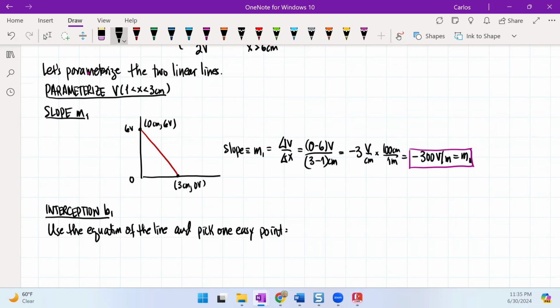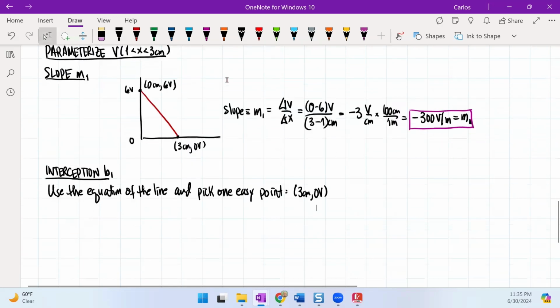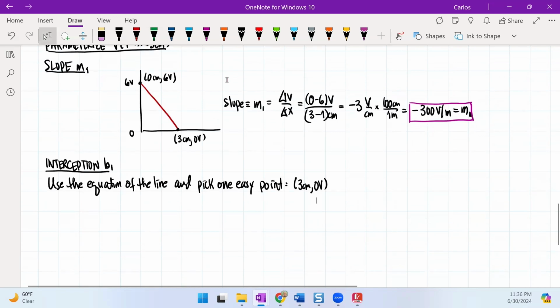What point am I going to pick? I'm going to pick 3 centimeters and 0 volts. That seems to be the easiest. Then I'm going to substitute that into the equation.